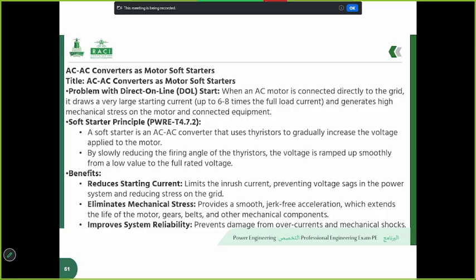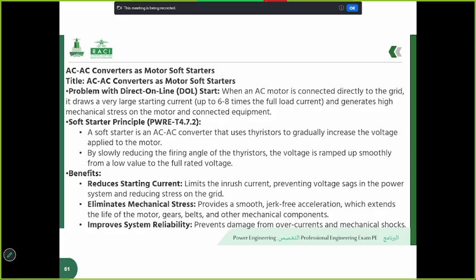When an AC induction motor is connected directly to the power grid, direct online, or we call DOL start, this motor draws a very large inrush current, typically 6 to 8 times its normal full load current. So this high current can cause a momentary drop in the voltage of the electrical system, affecting other connected equipment.